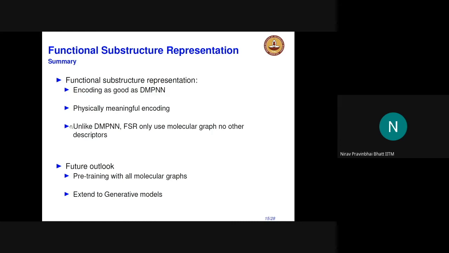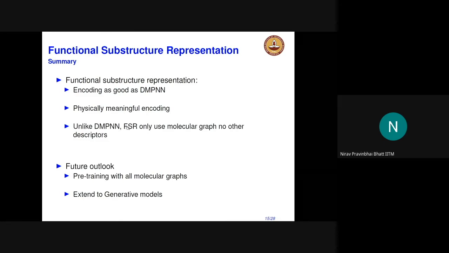The other thing I wanted to point out is that we have not used many of the other descriptors which are used by DMPNN. DMPNN uses a lot of molecule-specific structure information like molecular weight, orbital structure, atoms, and other aspects, such as what kinds of bonds are there.